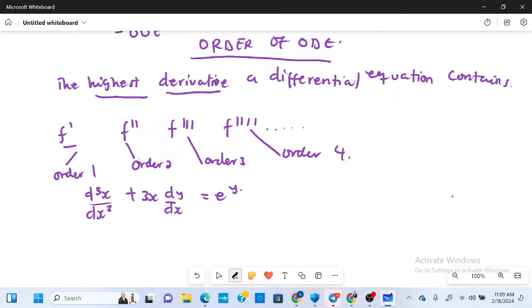You realize that from the definition we are saying that the order is the highest derivative of the differential equation. In my differential equation here, I have the cube, d cubed x over dx cubed.